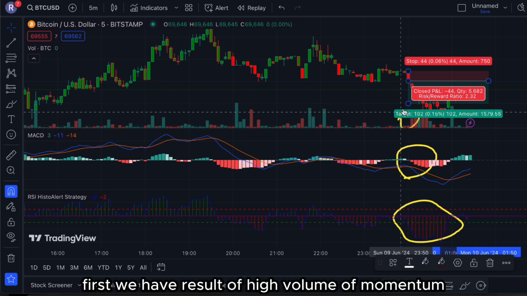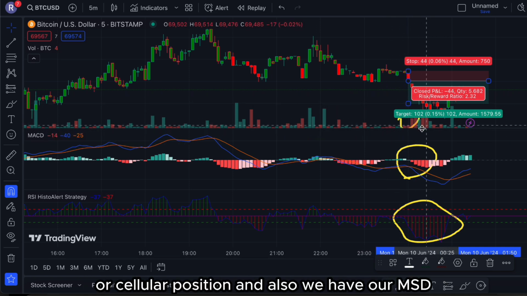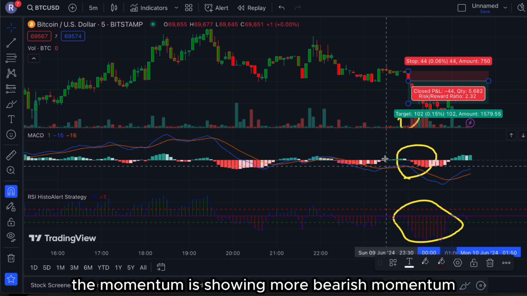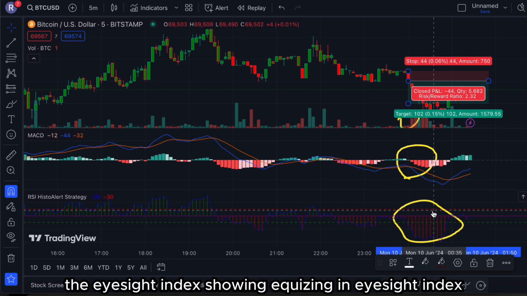First, we have a reversal with high volume of selling momentum, and we also have our MACD showing more bearish momentum, and lastly the RSI index showing an increase.